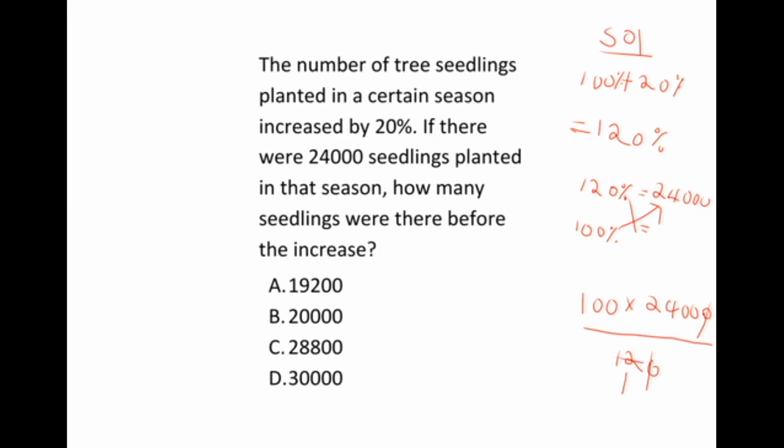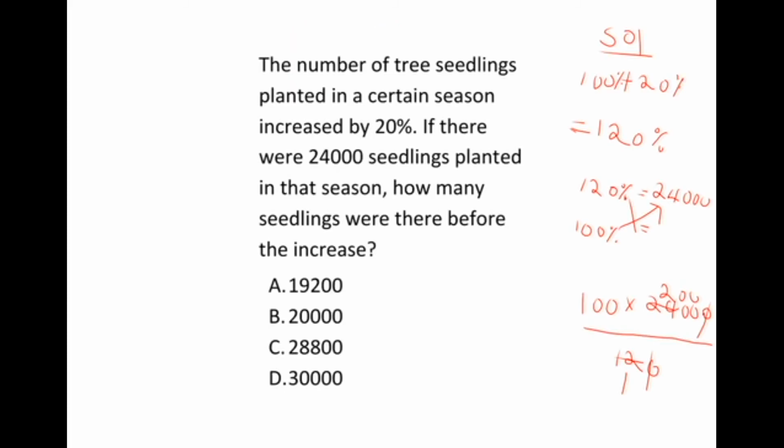By 12, 1 by 12, we get 2. Therefore, we multiply 100 times 200. We get 20,000 seedlings. Therefore, our correct choice is B, which is 20,000.